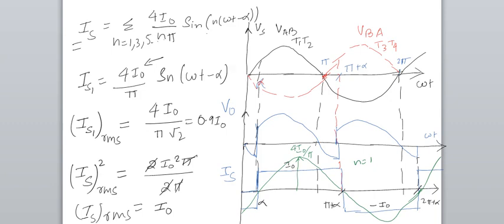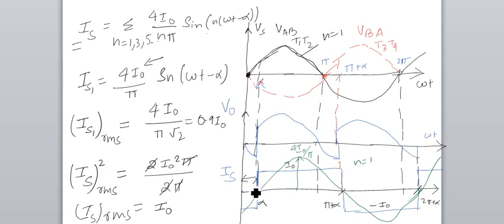So let us see. This is my fundamental source, n equal to 1. Our source voltage does not change, so this is my fundamental source voltage. The supply current or fundamental source current is the green one. What is the angle between them? What is the displacement? It starts from 0, but here its zero is here, so the displacement is alpha.